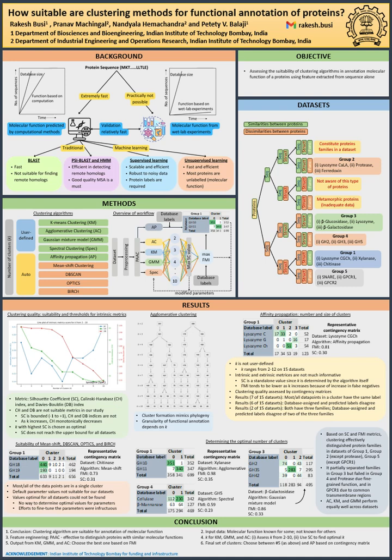The conclusions and recommendations are: the clustering algorithms are suitable for annotating both molecular function and glycoside hydrolase family. Pseudo-amino acid composition features are effective in distinguishing proteins with similar molecular function. To determine the optimum number of clusters k for k-means, Gaussian mixture and agglomerative clustering, choose k with the highest Silhouette value.